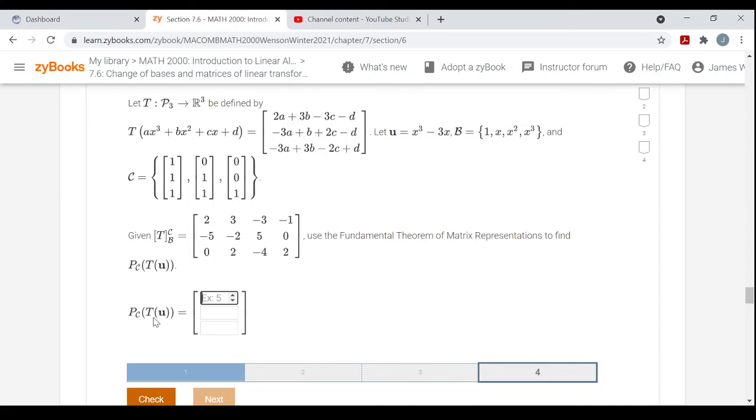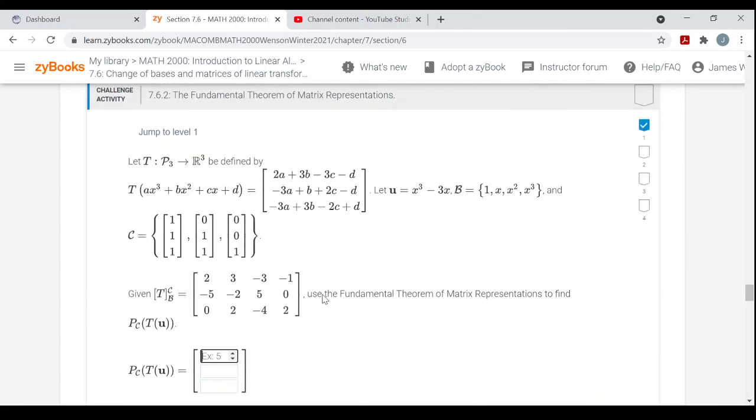What's T of U, and then multiply that by PC. So you have to find PC, which is basically just the inverse of this 3 by 3 matrix. Then find T of U, write it as its coordinates and multiply those. This shouldn't be so bad either.